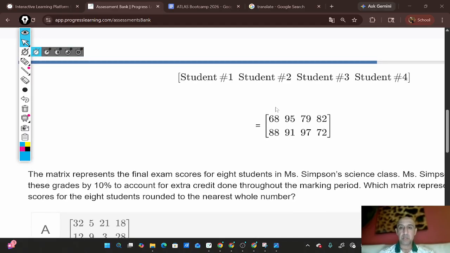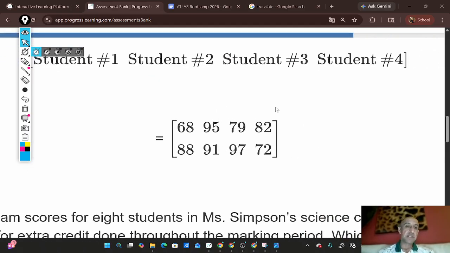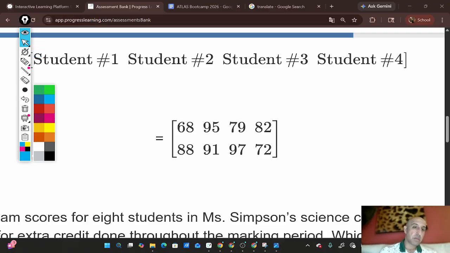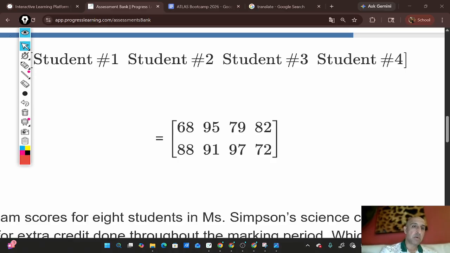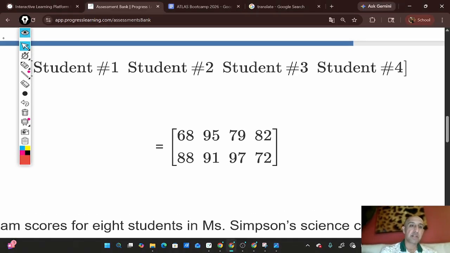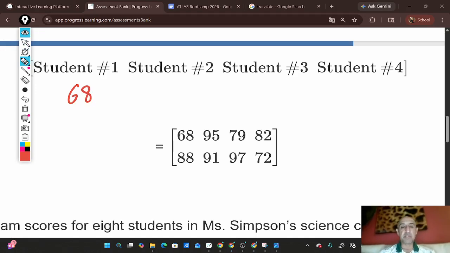So now, what we have is 68. The 68 represents exactly the 100% of the grade.